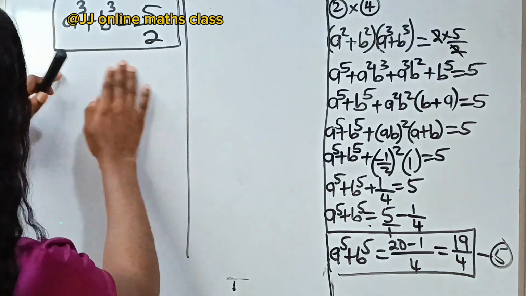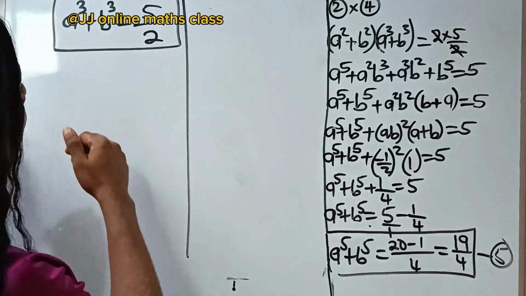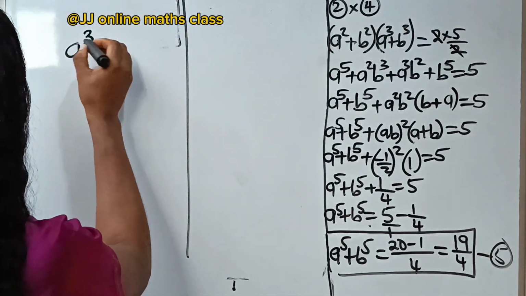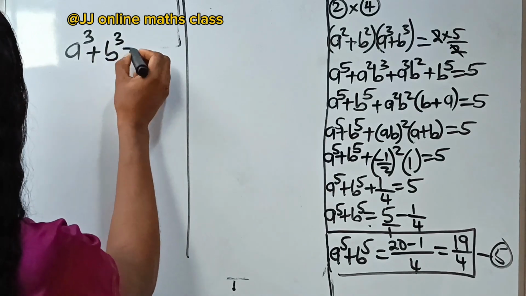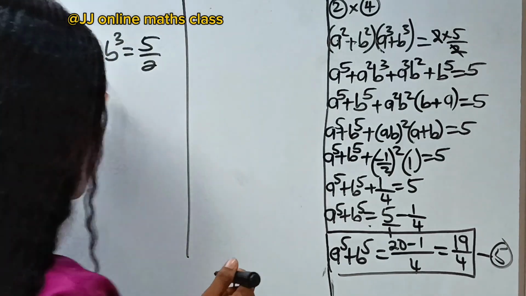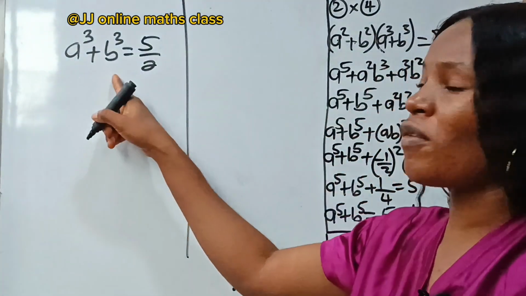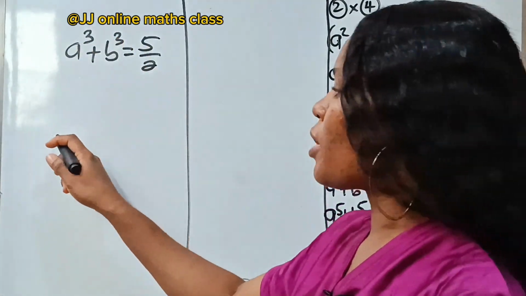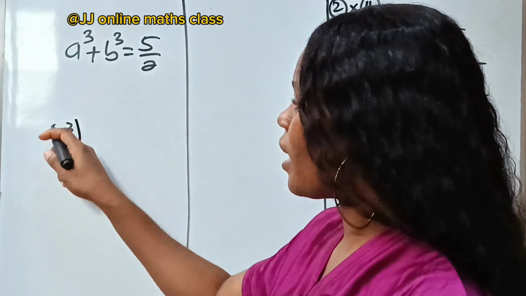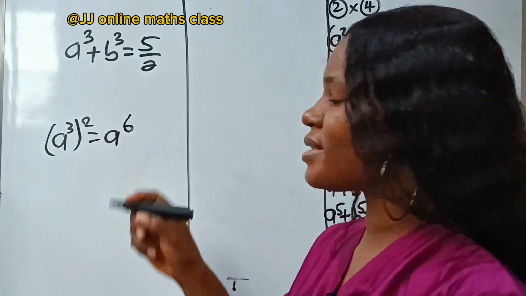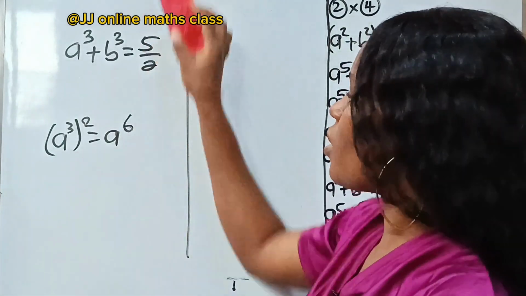And the only way to get it from this, a to the power of 3 plus b to the power of 3 is equal to 5 over 2, the only way to get a to the power of 6 from here is if we square this. Yes, because a to the power of 3 squared will give us a to the power of 3 times 2, which is 6, according to the law of what?